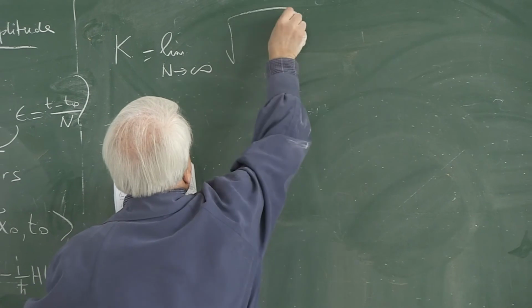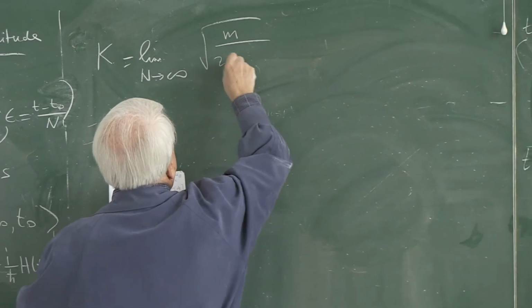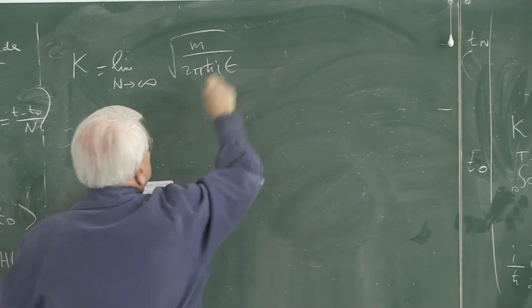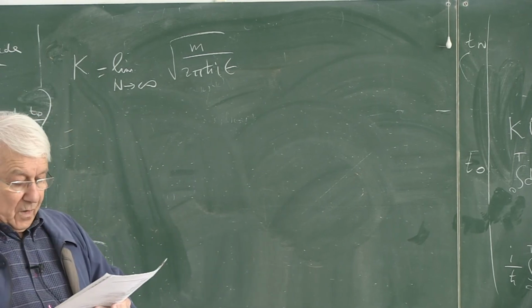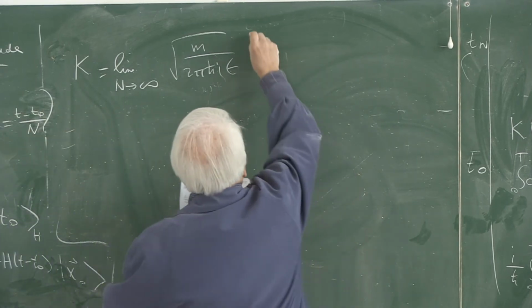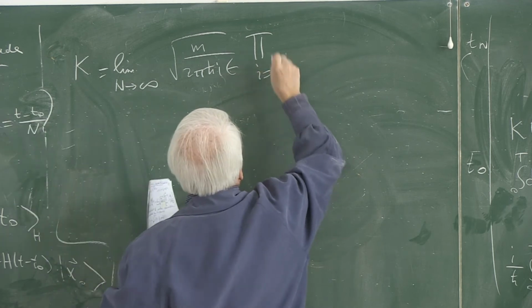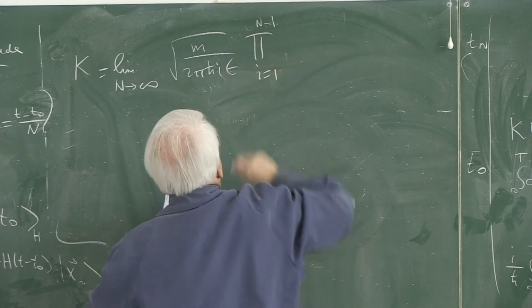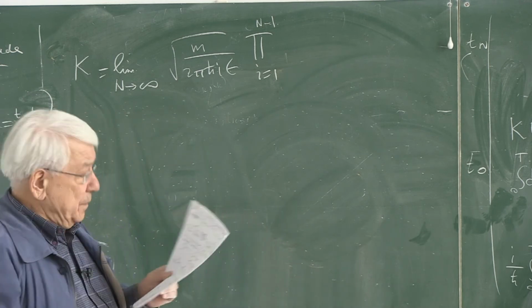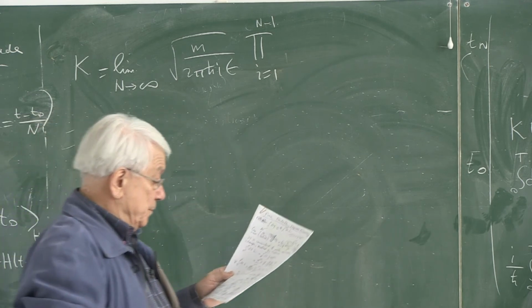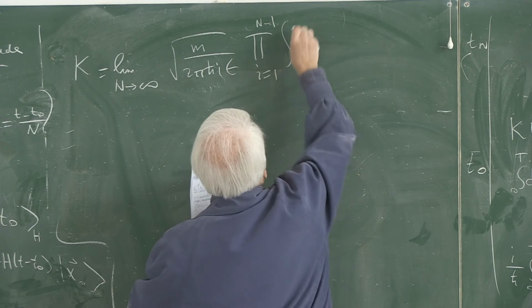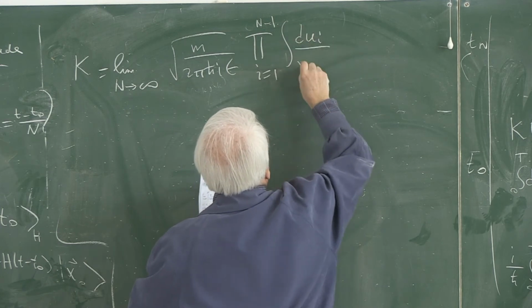There is one extra factor which is left out, 2 pi h bar i epsilon times i, the picture is there, never forget this, from n minus 1 times du_i divided by i pi.